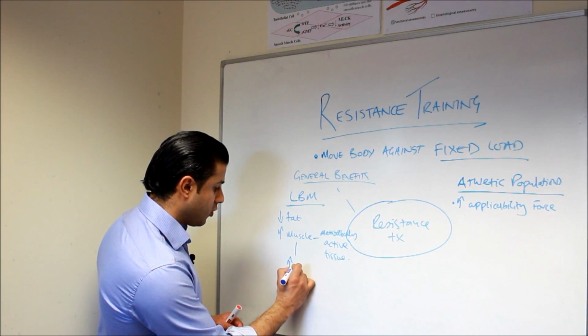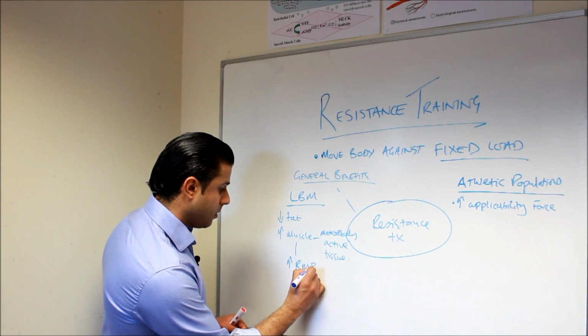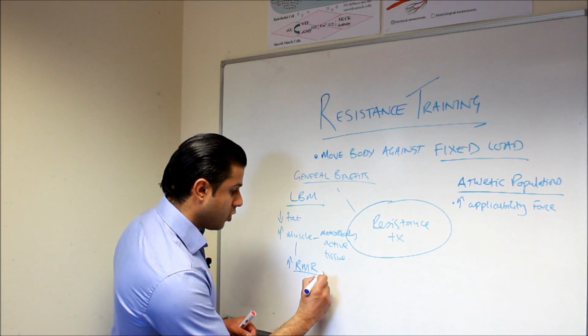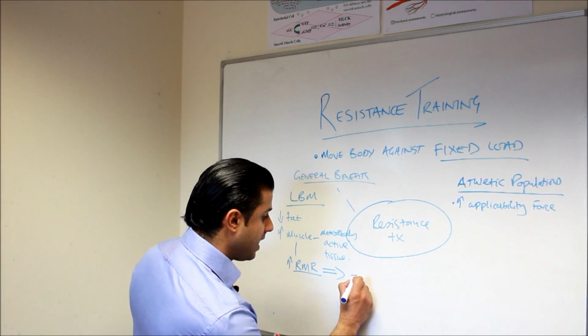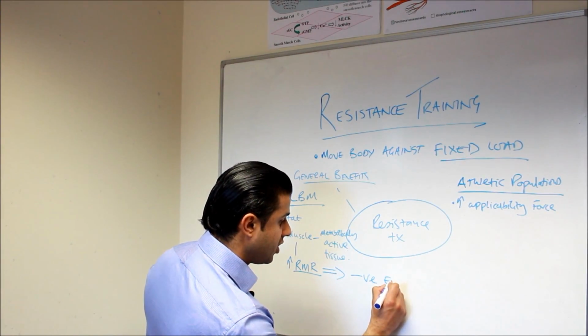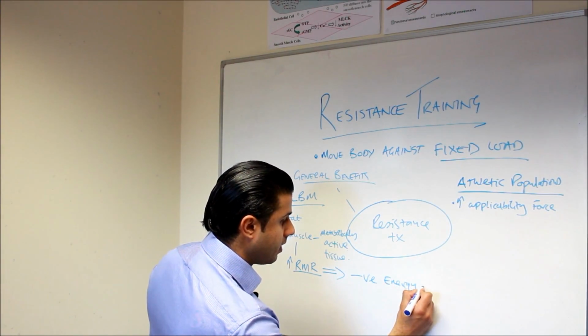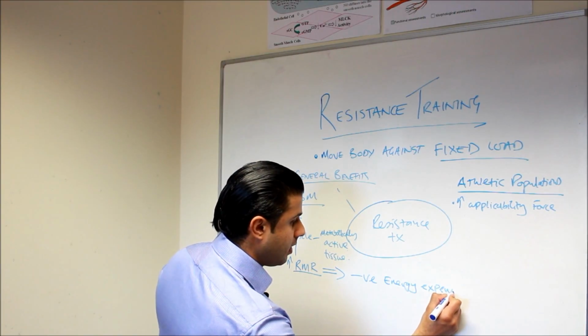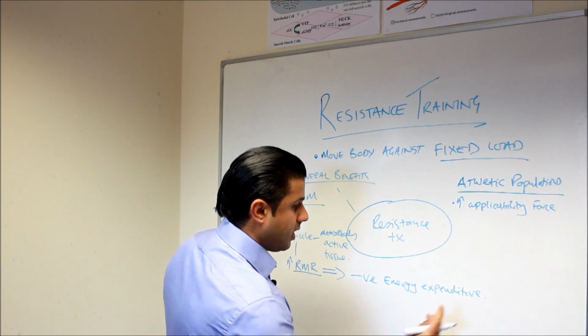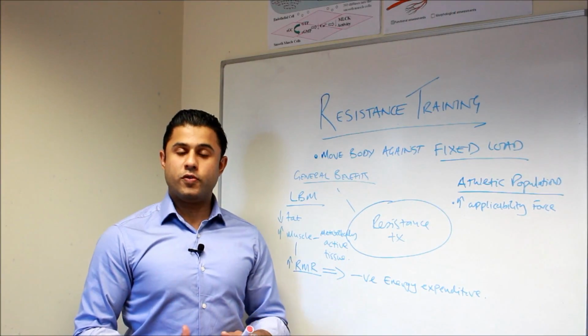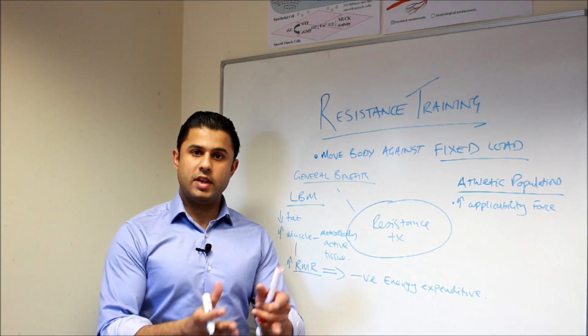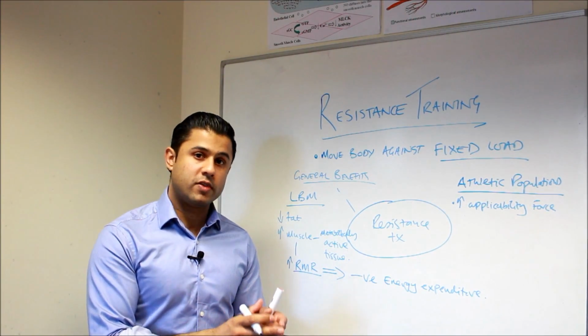So you also have increased RMR, resting metabolic rate, and that obviously contributes to promoting a negative energy expenditure. Now, this will obviously prevent you from becoming overweight and obese, which in itself are coronary heart disease risk factors.